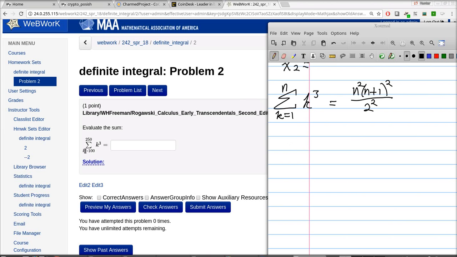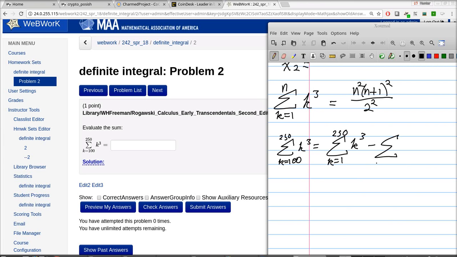So look at this. Here we start at 100 instead of starting at 1. So the key insight here is that the sum as k goes from 100 up to 250, in my case, of k cubed, is the same as the sum as k goes from 1 up to 250 of k cubed minus the first ones, which we don't want.